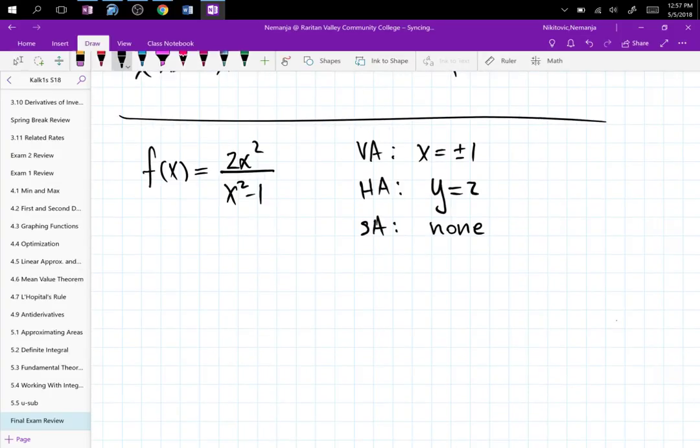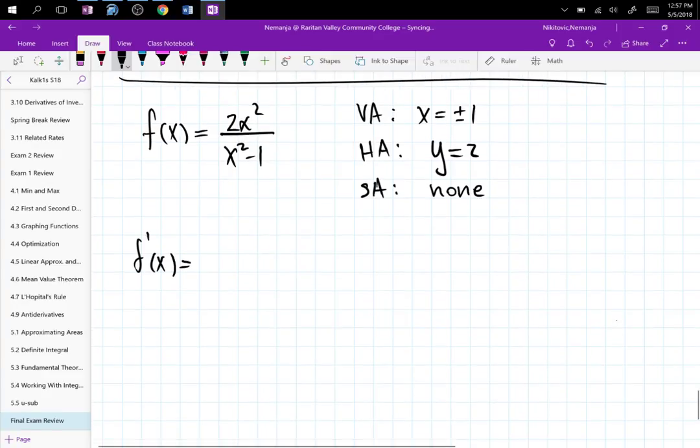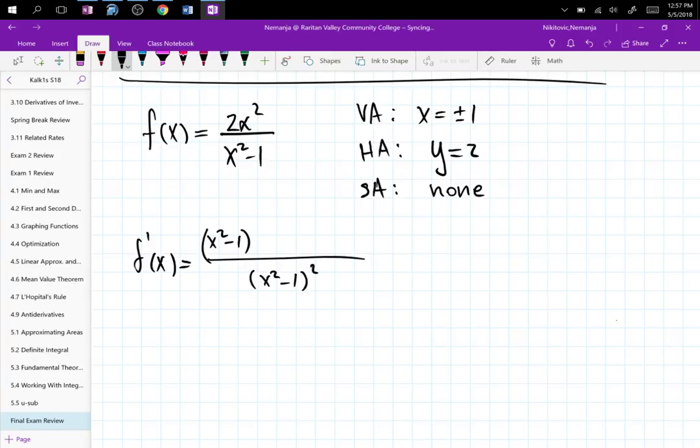Then we take the derivative because we are supposed to do the first derivative test. You can do logarithmic differentiation or you can do the quotient rule. In the quotient rule, we have x squared minus 1, over here, times the derivative, which is 4x, minus 2x squared times the derivative of the denominator, which is 2x.